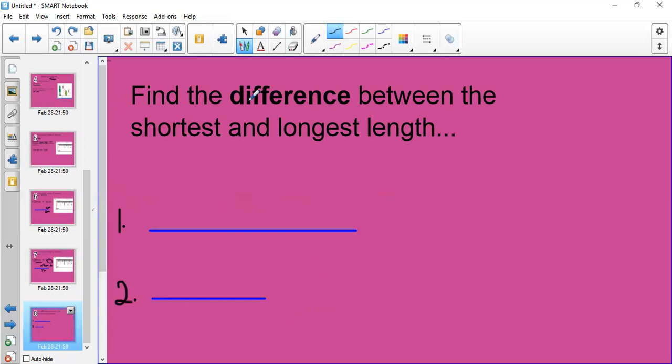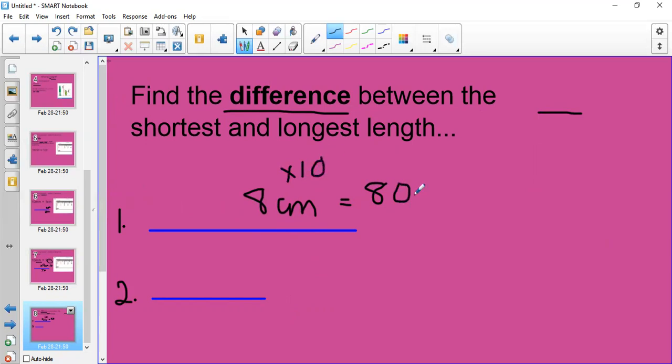If the question asks you to find the difference between the shortest and the longest length, or the width or the height of something, all you need to know is that finding the difference of something is using subtraction, or taking away. So let's say that this line measures out at 8 centimeters. We know that that's worth 80 millimeters, because 8 times 10 is 80.